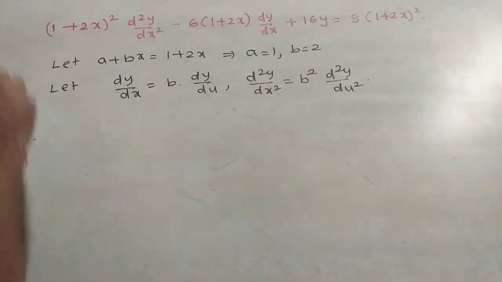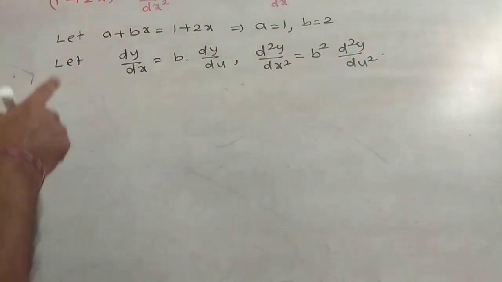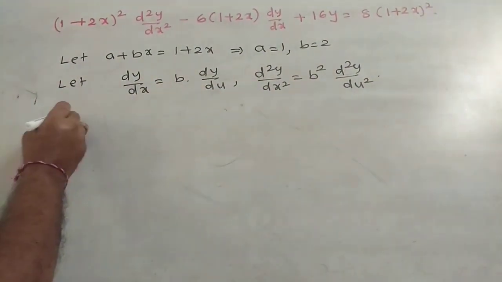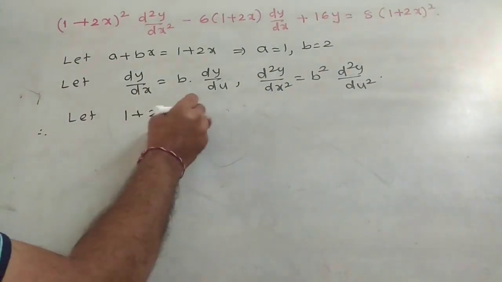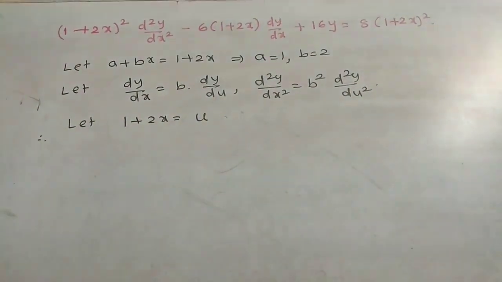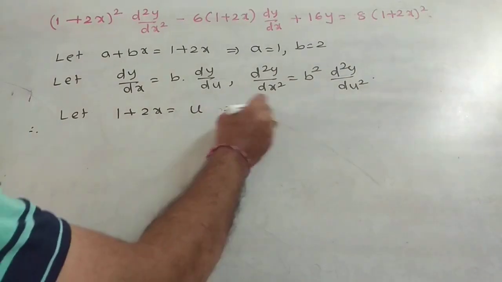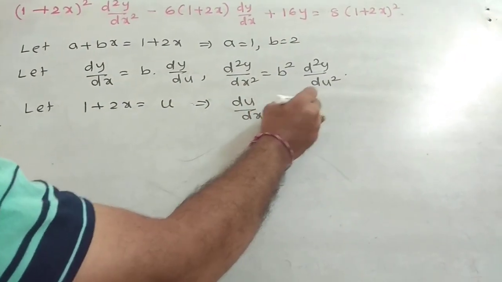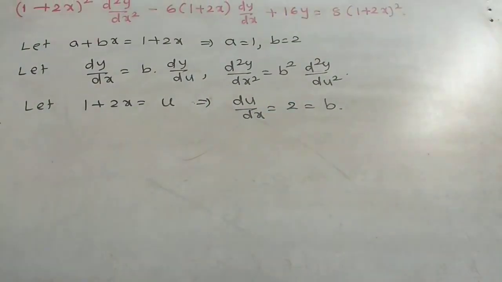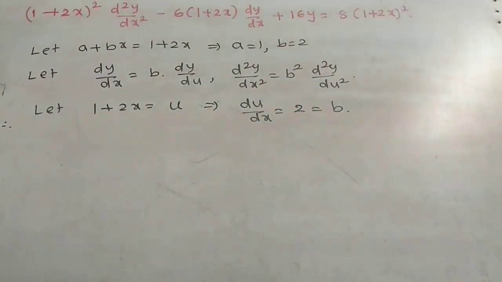Here (1 plus 2x) whole square is what I am writing, and the condition is that 1 plus 2x equal to u. From this, what about the du by dx value? This is exactly 2, which equals the b value. Now I am substituting in the given equation.